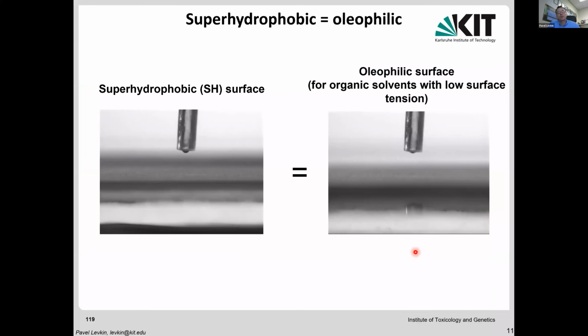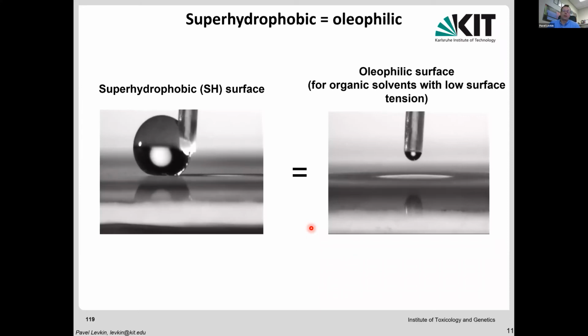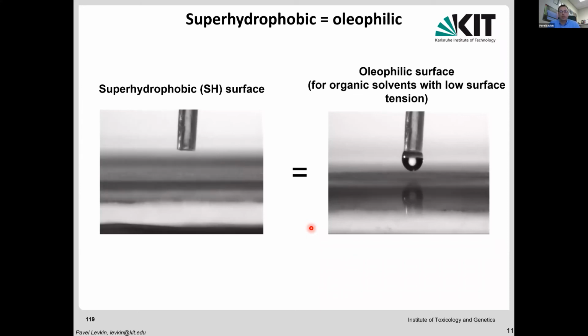The problem is, if we want to use superhydrophobic, hydrophilic surfaces, superhydrophobic surfaces are also oleophilic, because if you take an organic solvent with low surface tension, it usually wets the surface completely, and therefore we cannot use superhydrophobic barriers to confine organic solvents, which are usually used for organic chemistry.